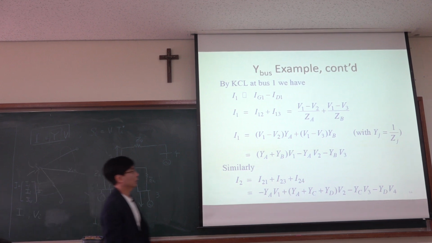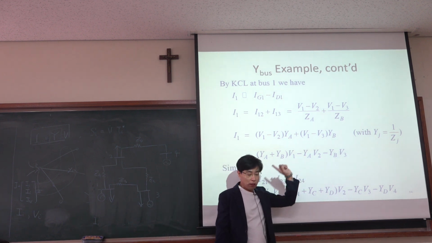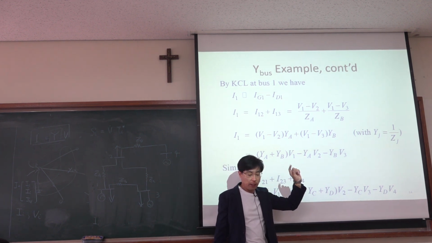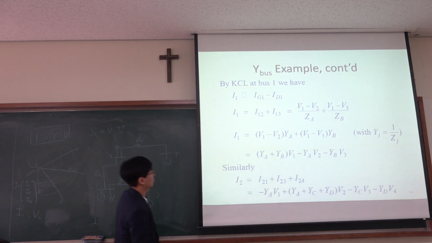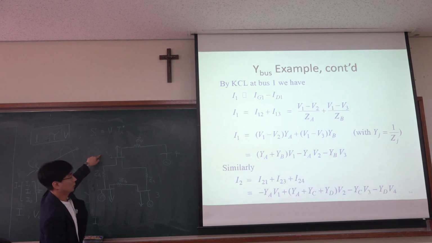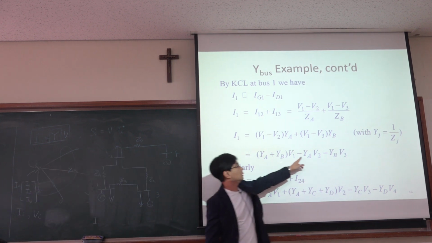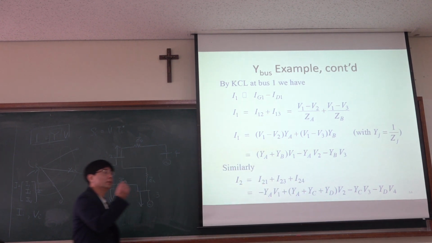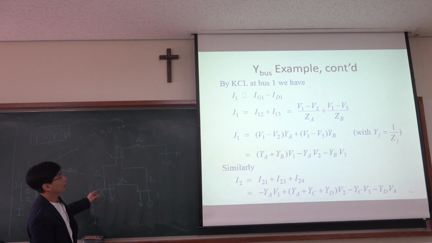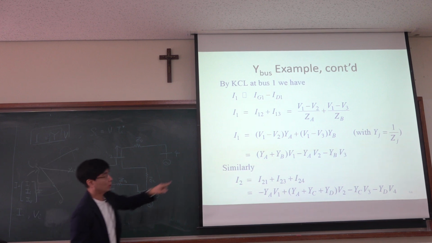Right? So that is here. And for this part, this should be the admittance between bus 1 and 2, and put minus sign there. So bus 1 and 2 admittance is YA, so minus YA. And here, this is the minus of the admittance between bus 1 and 3. 1 and 3 is ZB, so minus YB.